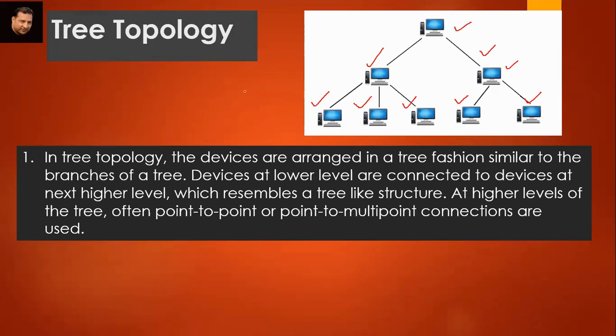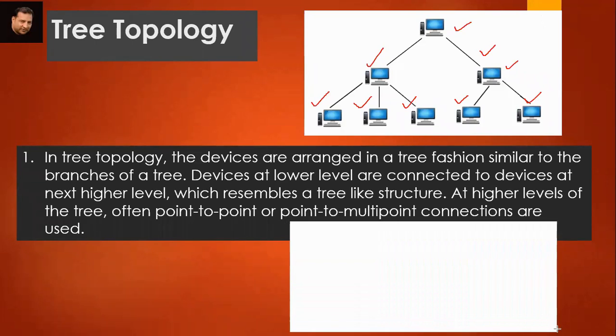I need to make a small diagram in that case. Okay, I am sharing another screen. Okay, let me make it here only. I am trying to make a tree here. So let us suppose this is a backbone cable, right?